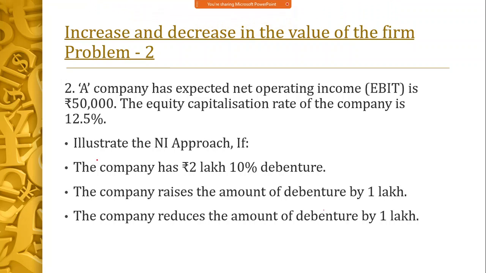And they have asked: illustrate the net income approach if the company has rupees 2 lakh 10% debentures. The company raises the amount of the debentures by 1 lakh. The company reduces the amount of debentures by 1 lakh. Now, this was all the information that has been given to the problem.